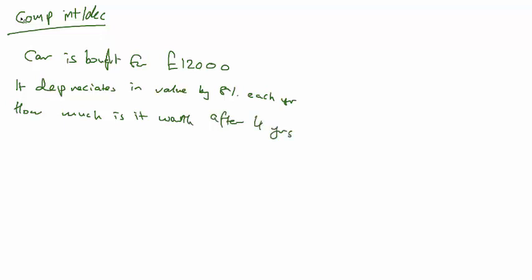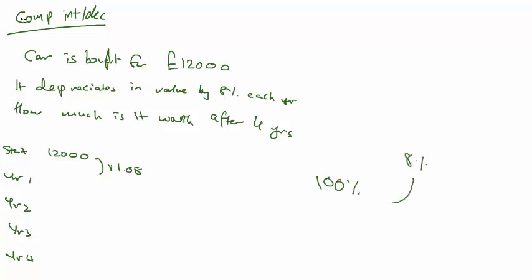Now, you start at 12 grand, and we see how much it would be at year 1, year 2, year 3, and finally year 4. If it was increasing by 8%, we would do times 1.08, because we start with 100%, we find 8%, and we add it.